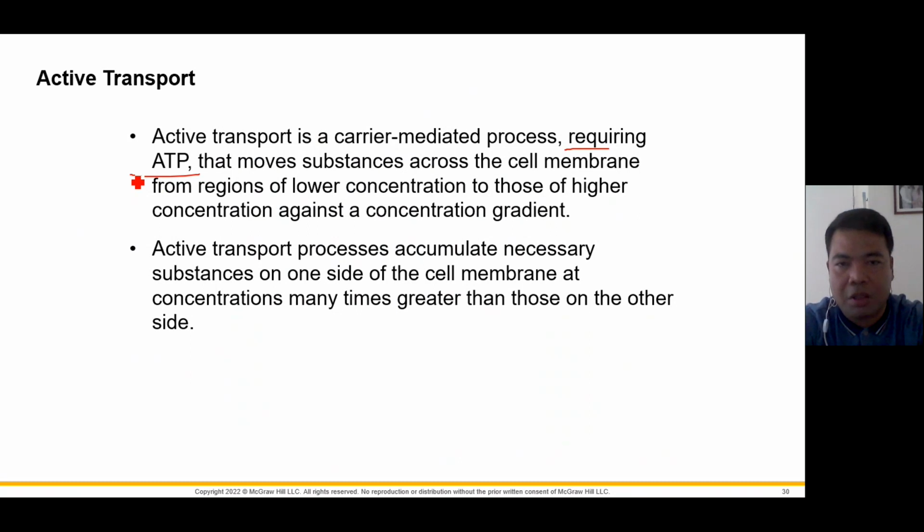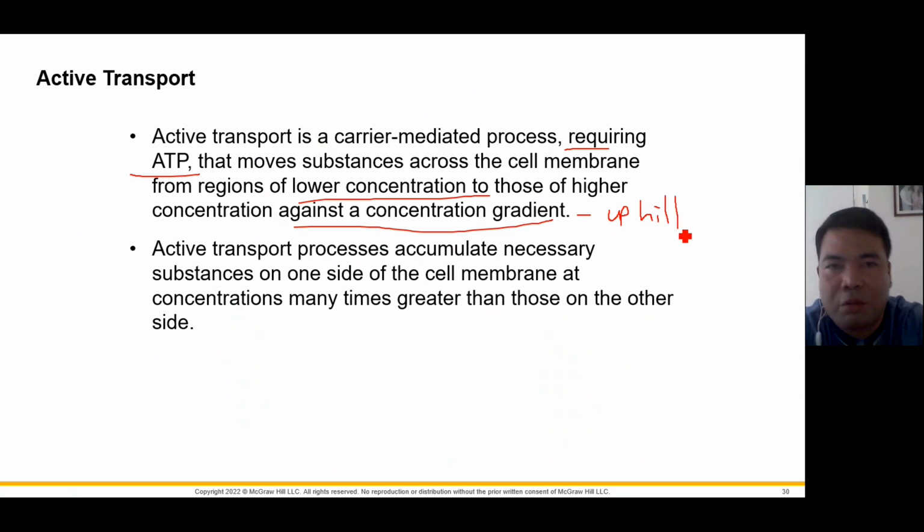Why? Because the movement of substances is uphill. Pakontra ka, no? Dinadala mo yung substances from lower to higher concentration. So you tend to accumulate substances on one side of the cell membrane. Like for example, if this is the cell membrane, this is the inside and this is the outside.